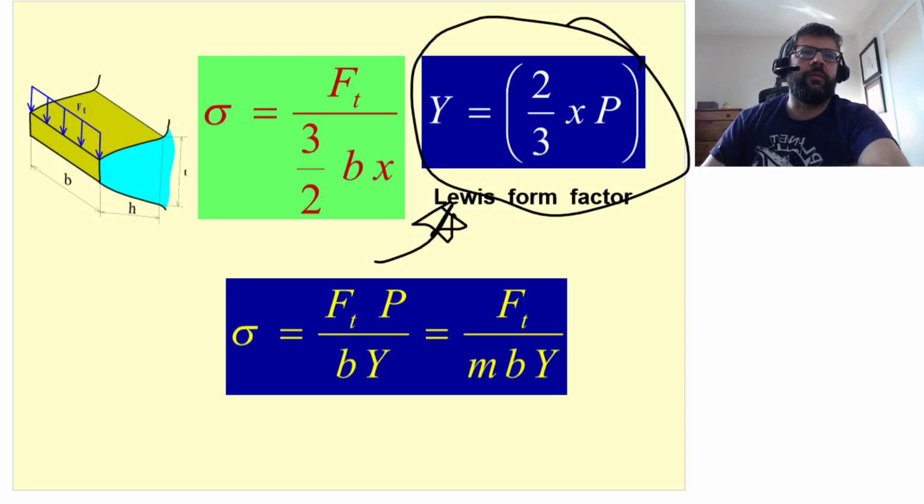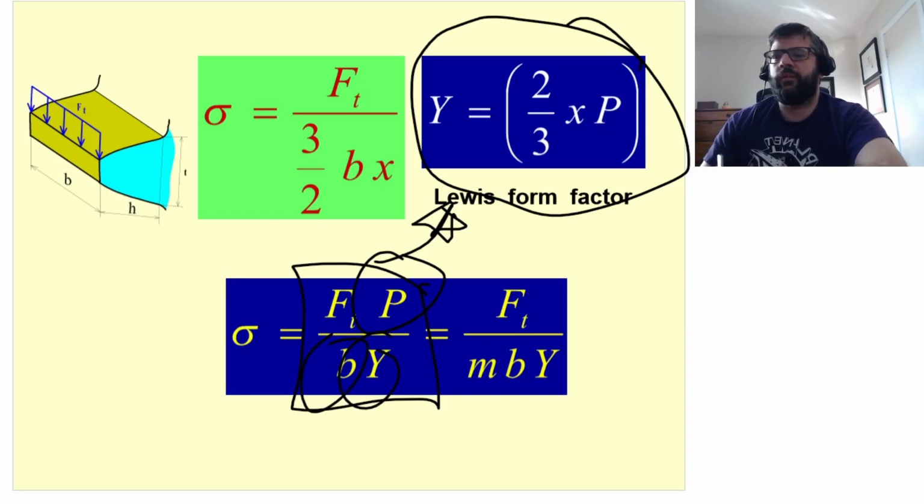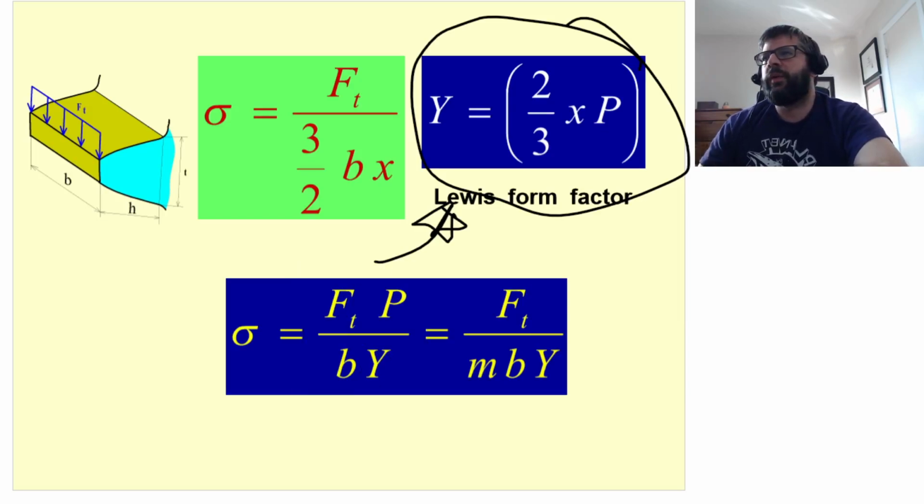So if we're working in imperial, our stress is the force times the P, our pitch, divided by B, and our form factor. So again, P is going to be in units per inch there.